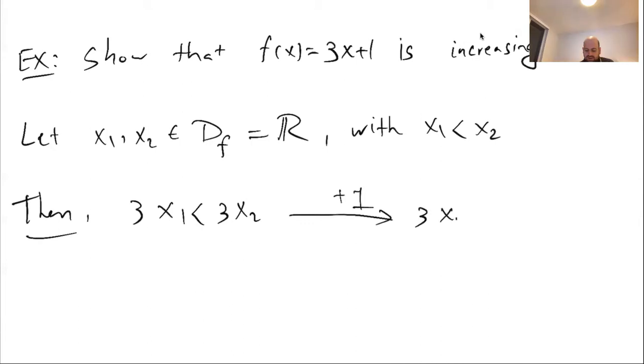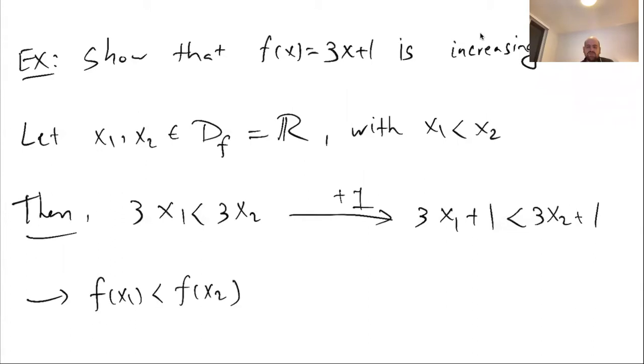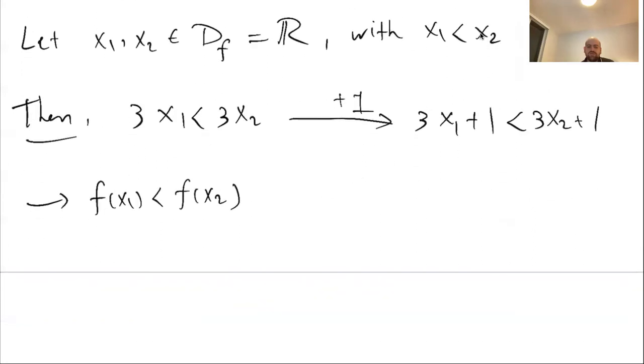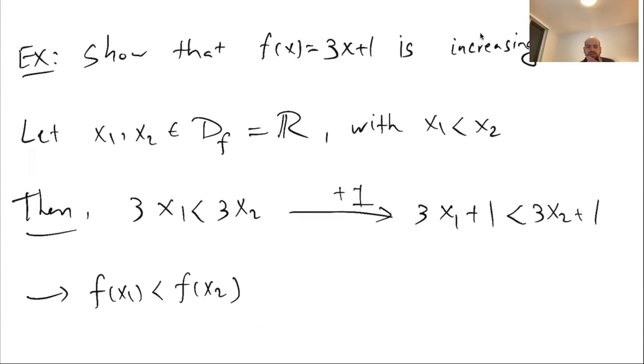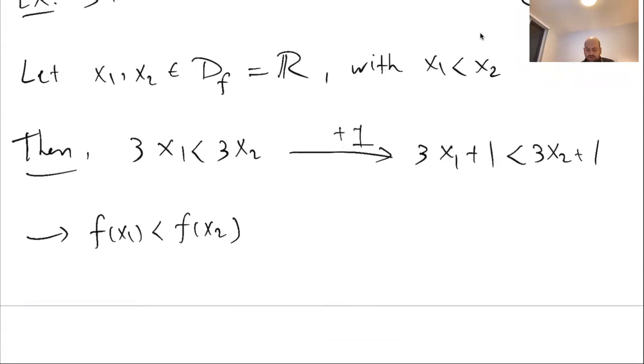Then we get 3x1 plus 1 less than 3x2 plus 1. And this means f of x1 is less than f of x2. So I started with x1 less than x2, and I concluded that f of x1 must be less than f of x2, and that means f is increasing.